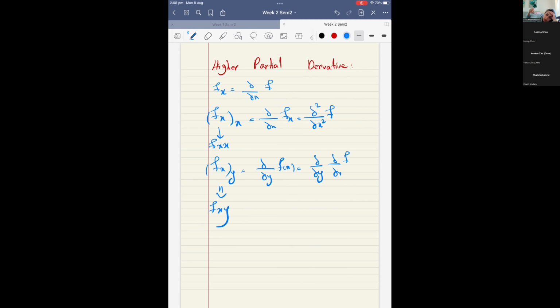Okay, what does this mean? We can take the derivative with respect to x, xy, or yy. Let's see how it looks with an example. f of x and y is equal to x squared y plus sine of x plus 2y.